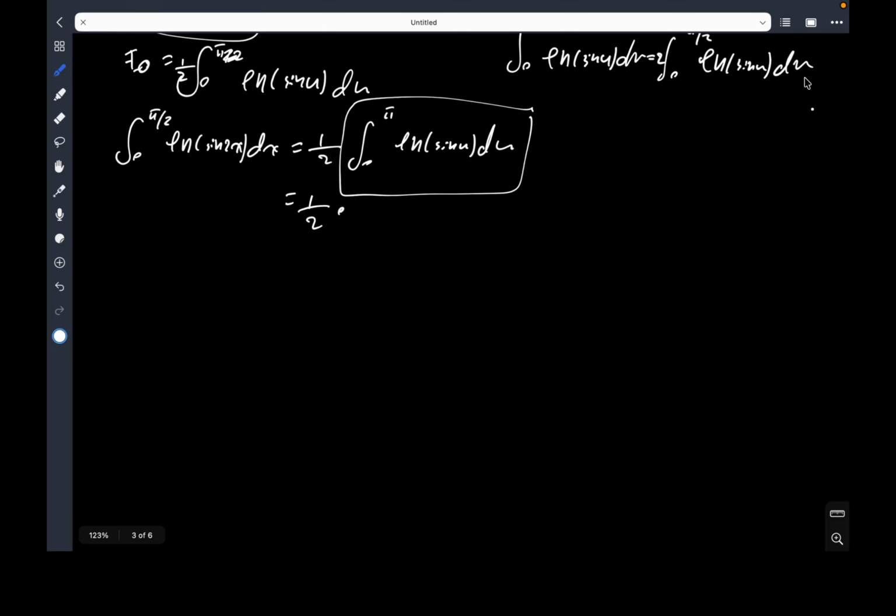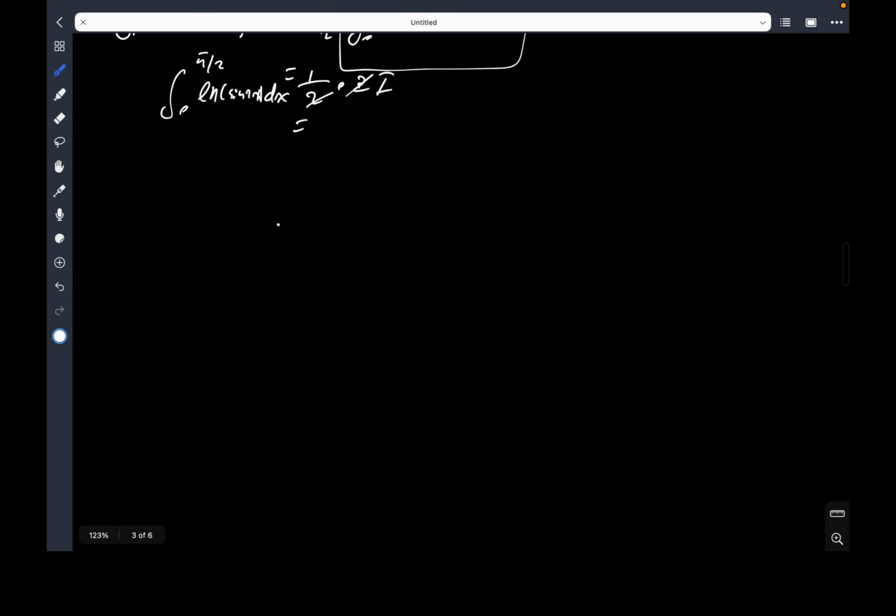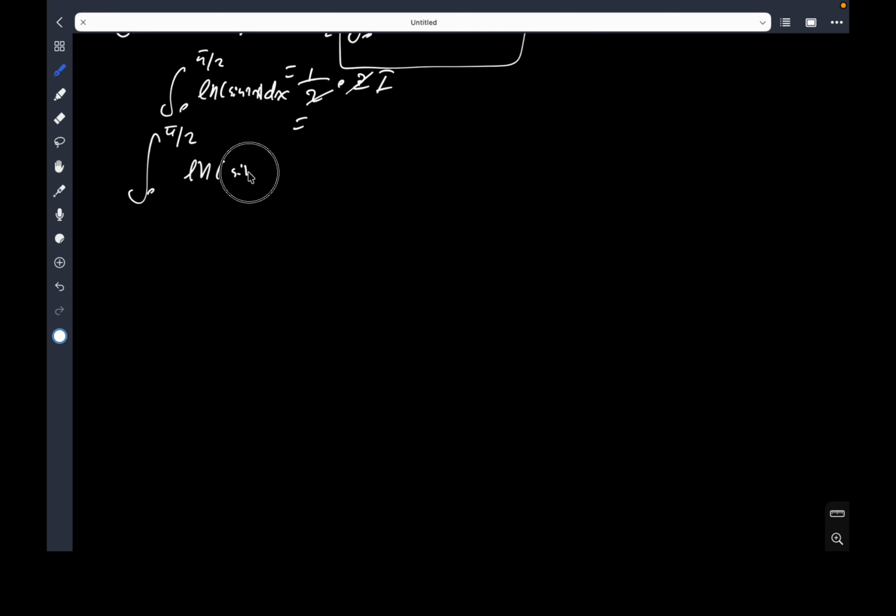Now I can multiply it, so this is 2I, our initial integral, multiplied by 2I. These are going to go away, thus the integral from 0 to pi over 2 of ln of sine 2x dx is I, our initial integral.